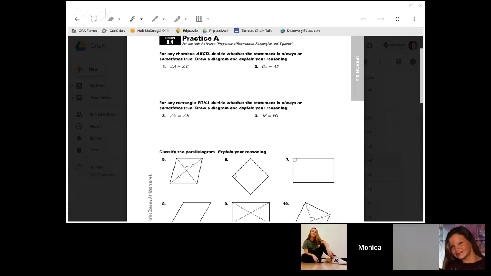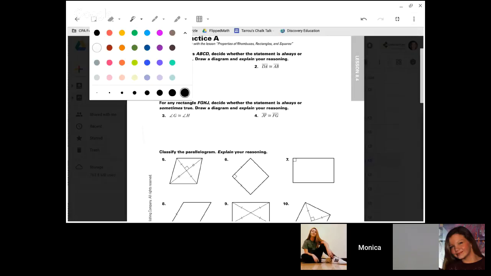Okay, Abby, so for number 3, what shape are we talking about? Okay, so that's important. Let's draw our picture first, okay? I'm drawing in white, which does not do anything.